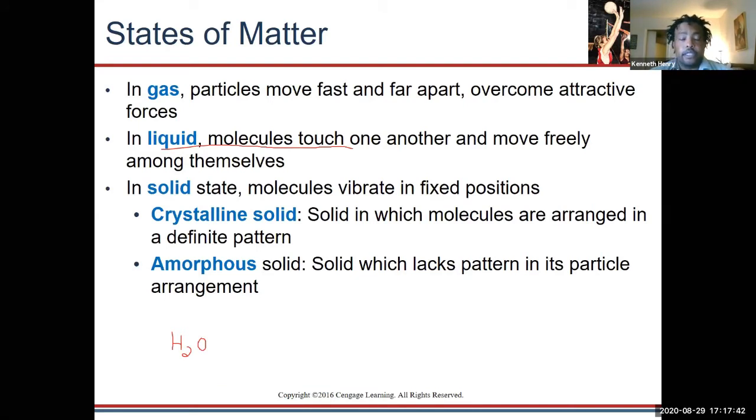We have what we call the crystalline. Ice is an example of the crystalline. It's really organized, right? And we have what we call amorphous. A means lack. Morph means shape. So lack of shape. So it's not organized, in other words, okay?